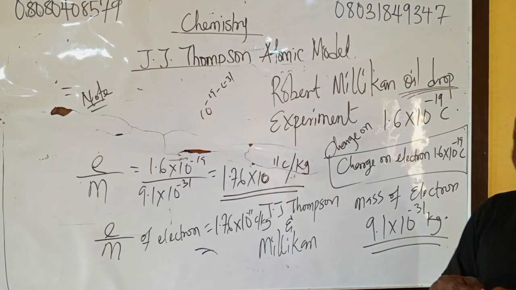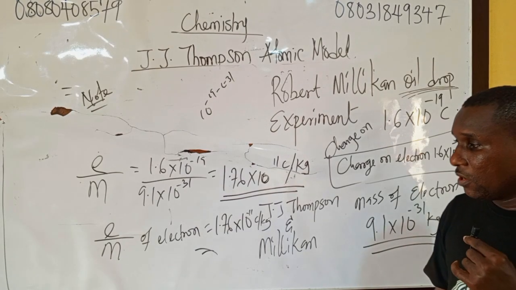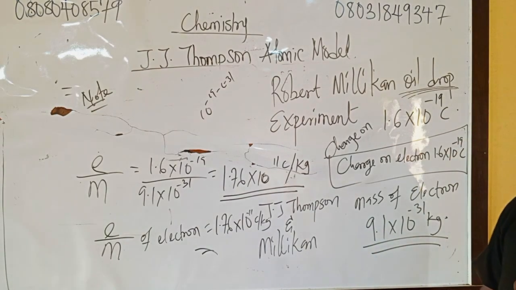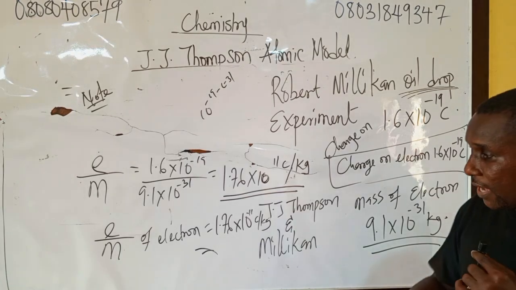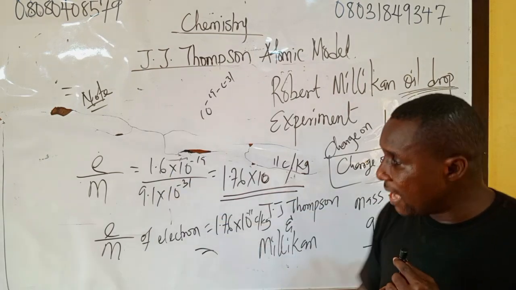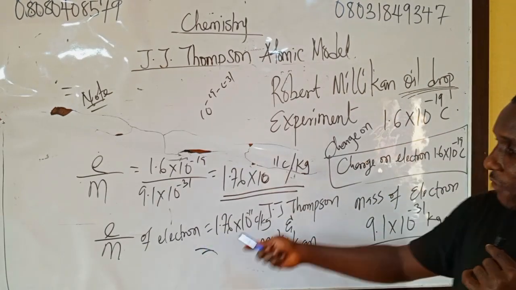That is the ratio of charge to mass of the electron. Take note of that. The ratio of charge to mass of a cathode ray, of the electron.